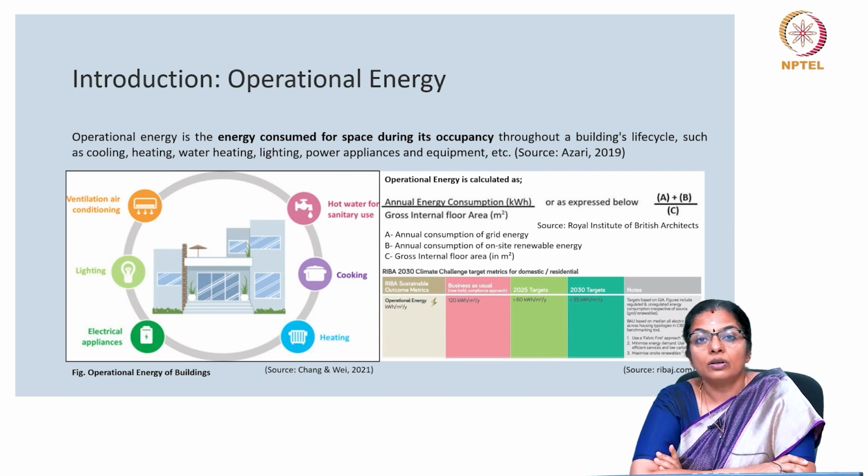Then we can have energy efficient fixtures, whether in the form of lighting equipment or star rated appliances. Air conditioners are star rated, refrigerators are star rated. A 5-star rating of an appliance means it is more energy efficient as compared to a 4-star, and a 4-star is more energy efficient than a 3-star, and so on.